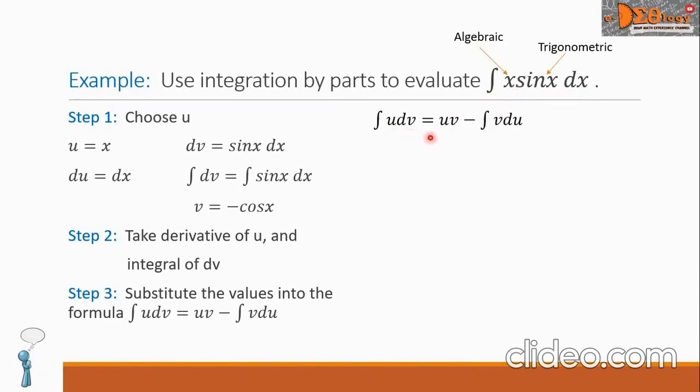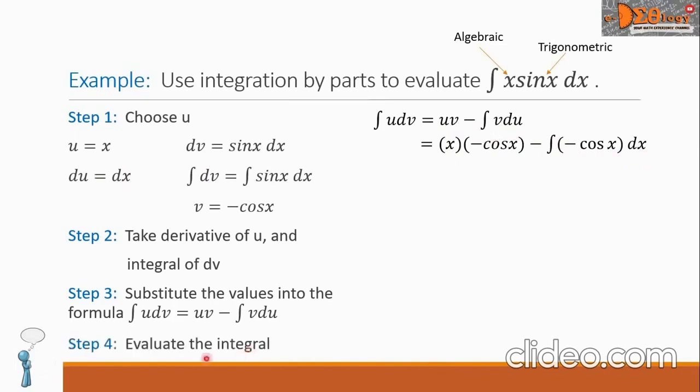And this is equal to uv minus the integral of v du. Let us now substitute the uv. We have now the x for the u and negative cosine x for the v. Then minus the integral of v. Now this is negative cosine x and the value of du is dx. So we copy it here.